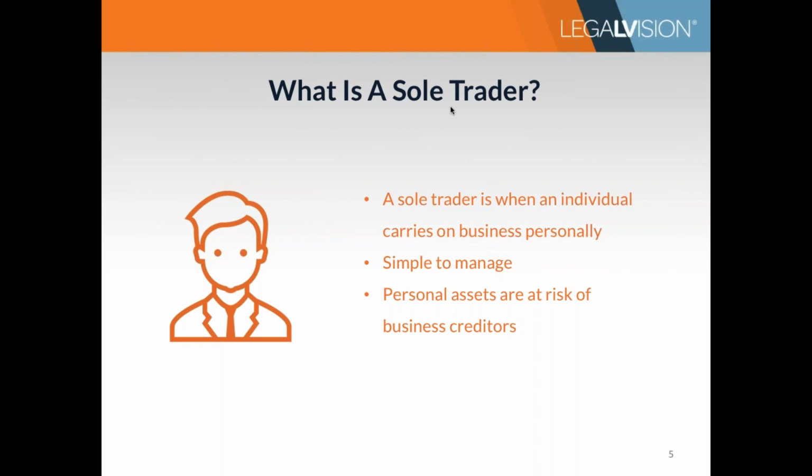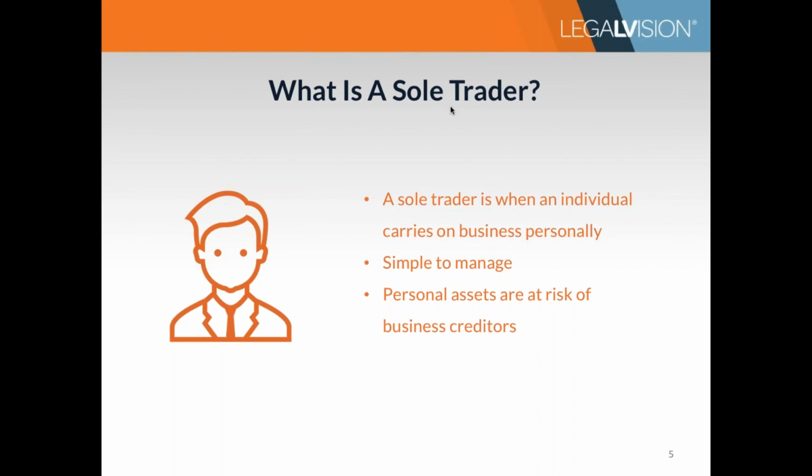The big downside of operating as a sole trader is that your personal assets are at risk of business creditors. Because there's no separate legal entity, everything is lumped into the one bucket, being you. If you incurred business debts, creditors of the business can go after any business assets you have, but also your personal assets.